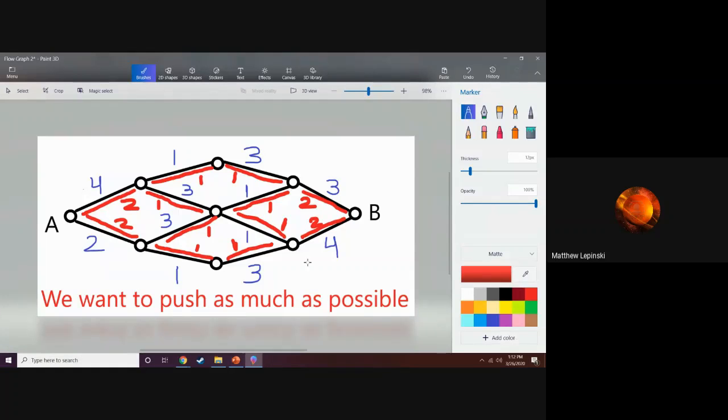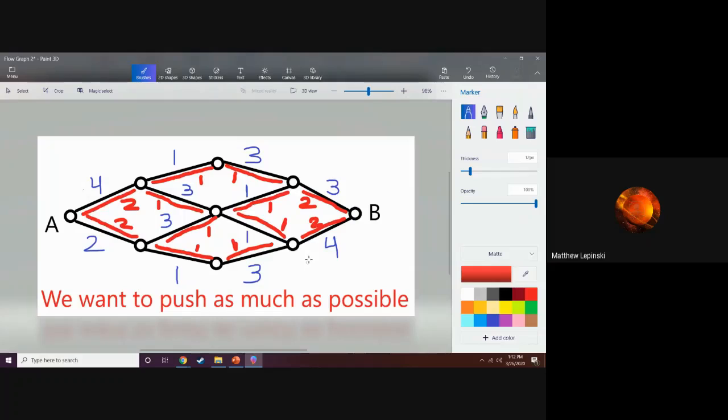I'll answer Courtney first and then Hunter. So Courtney's question is, what does a max flow problem look like? What a max flow problem looks like is, given this network of pipes, among all the different ways that I can push water through this system, what is the one that gets the most water per second from A to B?